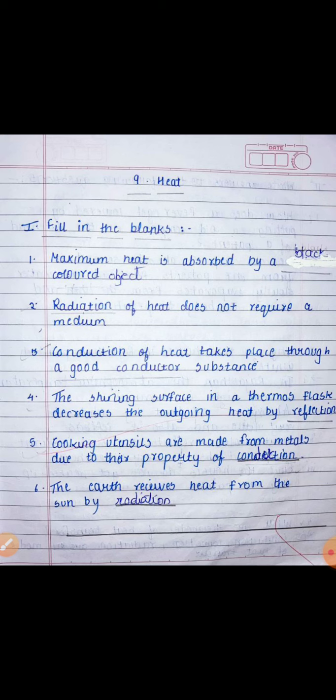Third one, conduction of heat takes place through a good conductor substance. Fourth, the shining surface of a thermos flask decreases the outgoing heat by reflection. So underline reflection. Fifth one, cooking utensils are made from metals due to their property of conduction.